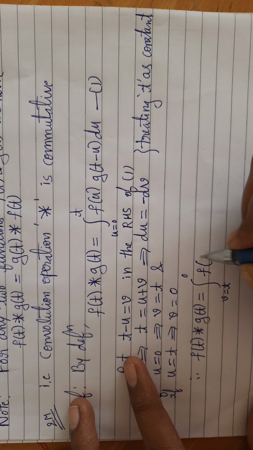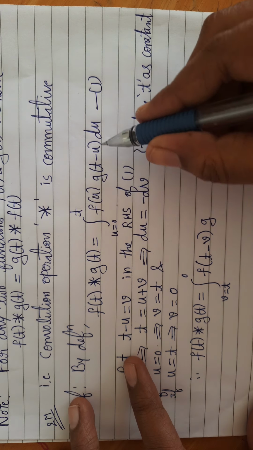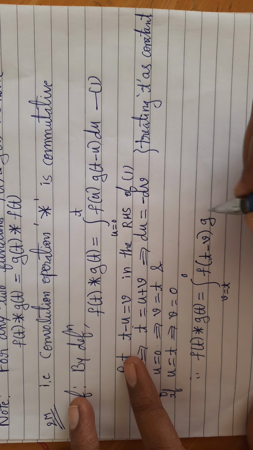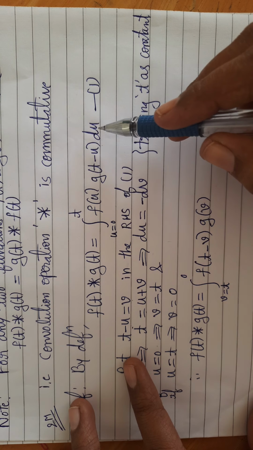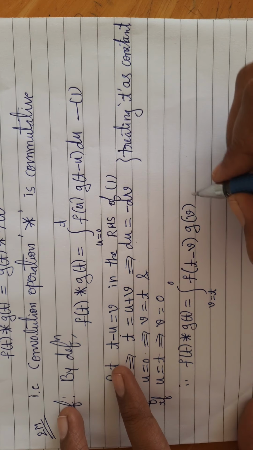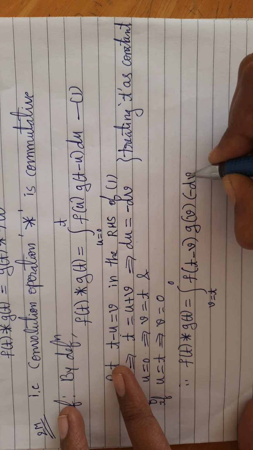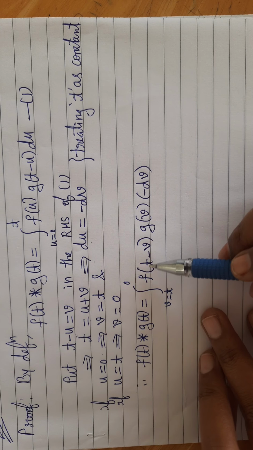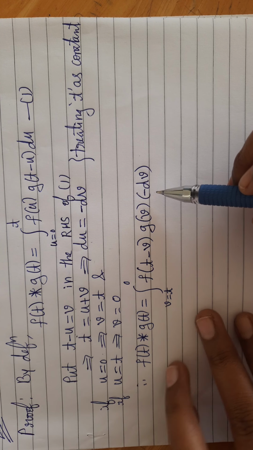So you write f of t minus v into g of t minus u. T minus u is v, so you write g of v, and this du is minus dv. So you write that as minus dv.